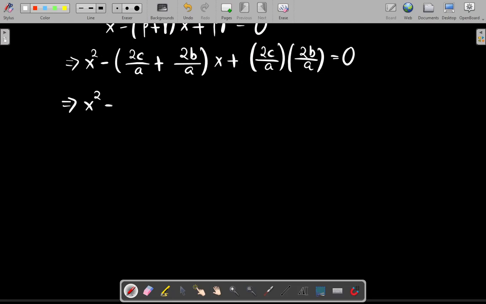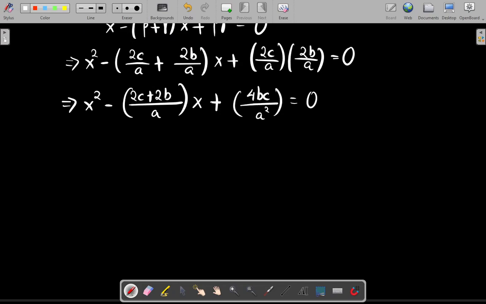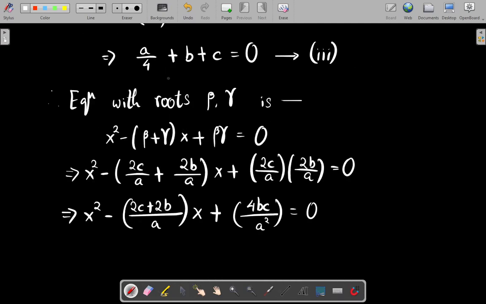This further on simplification gives 2c plus 2b upon a times x, and this becomes 4bc upon a square. Now we have this relation from equation 3, a upon 4 plus b plus c equal to 0. So b plus c is equal to minus a upon 4.